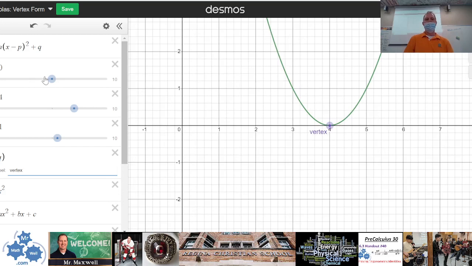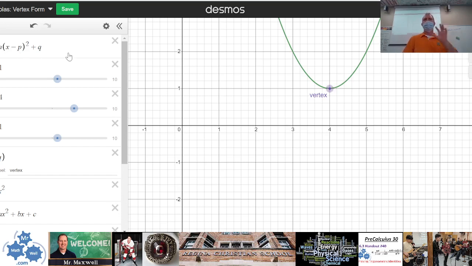If I move the q up to 1, look what happens to the vertex. The vertex is now at the point 4, 1. So this p and this q are parameters that move the parabola around, and it gives you the actual value of the vertex, which is the strength of this form, the vertex form.